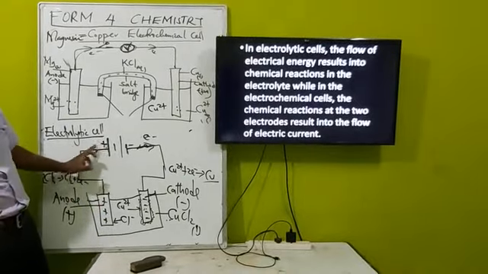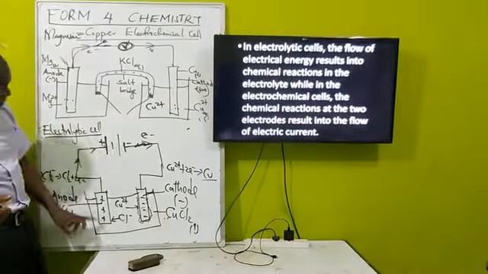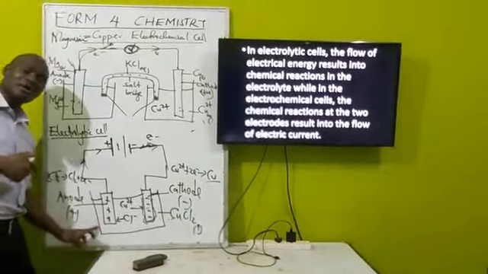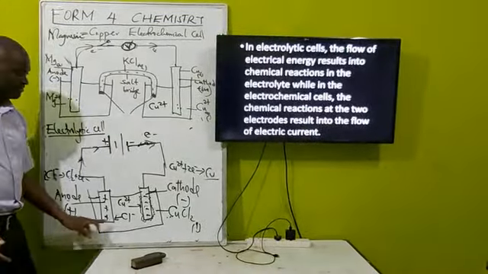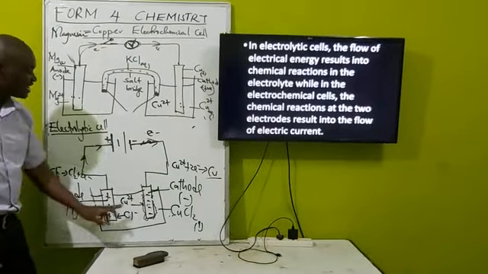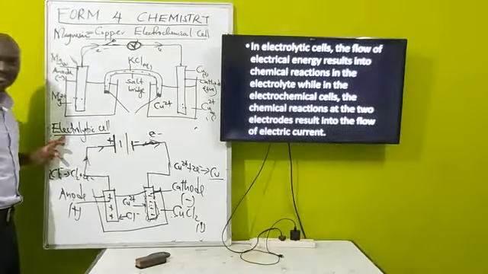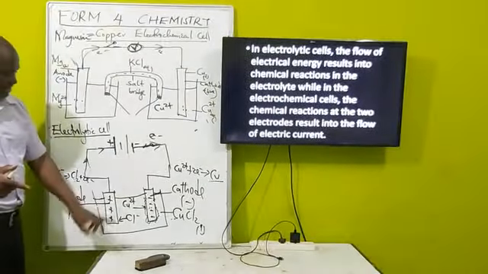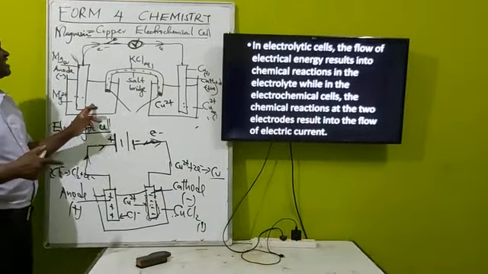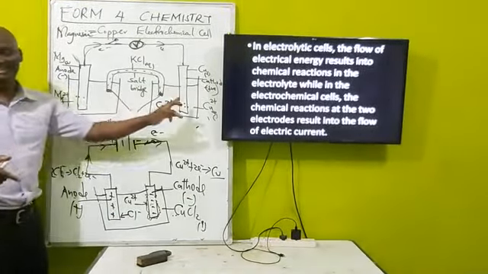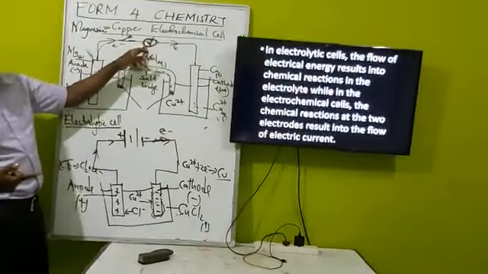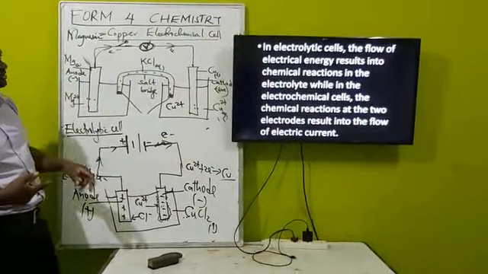Here, it is the electric current that brings about chemical changes. For chemical changes to occur at the anode and the cathode in the electrolytic cell, electric current must be allowed to flow through the electrolyte. Here, the electrolytes must undergo chemical changes for us to record a voltage in the electrochemical cell.